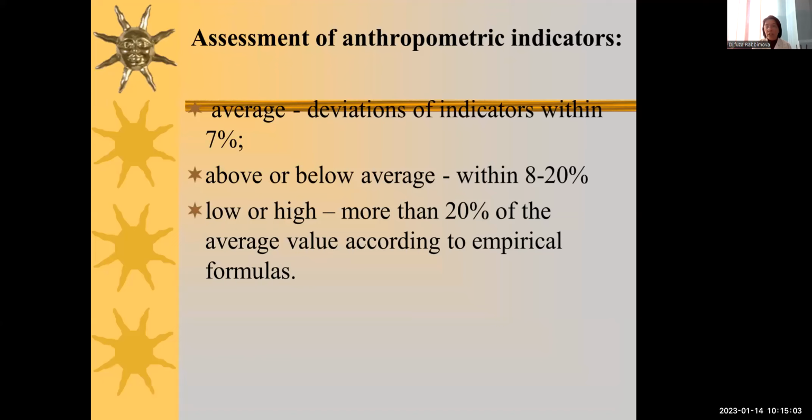The average deviation of the indicators examined, determined by calculation and by measurement, should be within 7%. Above or below average is within 8-20%. Low or high indicators have a deviation of more than 20% of the average.